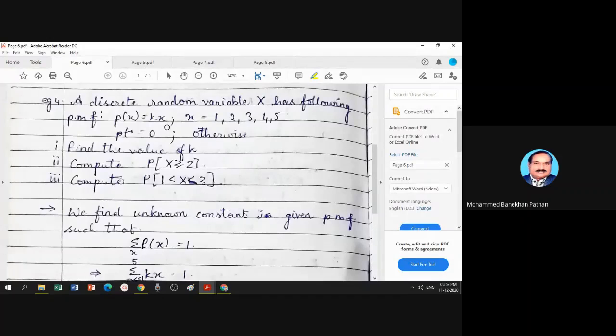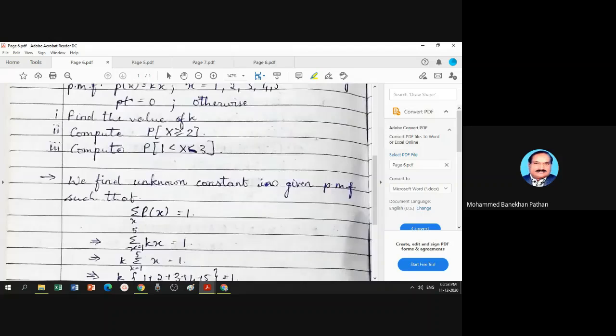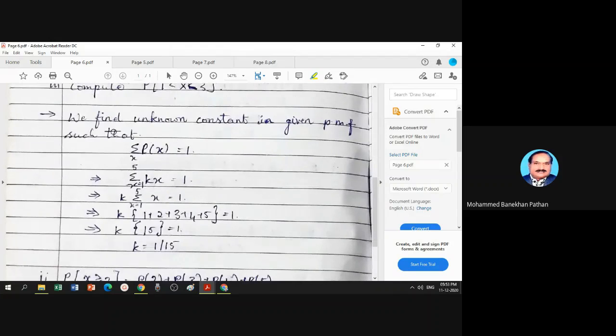So you can get a question in terms of a probability distribution, or you may get a question in terms of PMF. But the nature of the questions asked is similar. Here also we want to get the value of k. The method is exactly similar. We find the unknown constant in the given PMF.